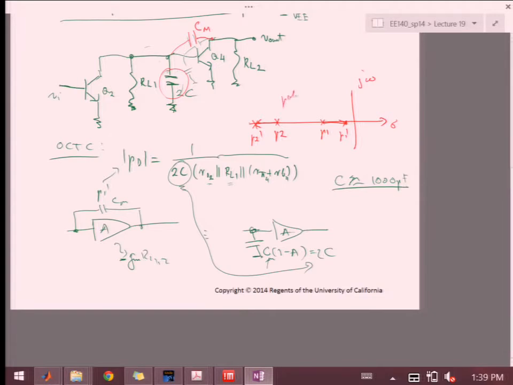So pole splitting is a side benefit. Why is it a side benefit? Well, we just pushed our critical pole, P2, away. Remember that in a closed loop, that will be your pole, right? So you've just increased the bandwidth of your closed loop system by doing so.